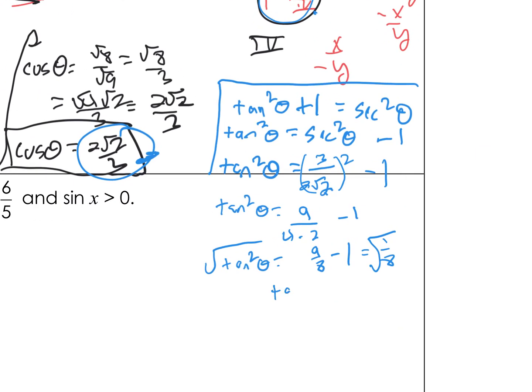So tangent of theta will equal the square root of 1, which is 1, over the square root of 8, which we said was the same as 1 over 2 square roots of 2. Rationalize that by multiplying top and bottom by the square root of 2 over the square root of 2. That gives me the square root of 2 over 2 times 2, over 4. And hold on, I need the negative. Forgot the negative before somebody yells at me. It's going to be a negative. Tangent of theta is a negative 1 over the square root of 8. Got to remember that because I took the negative answer.